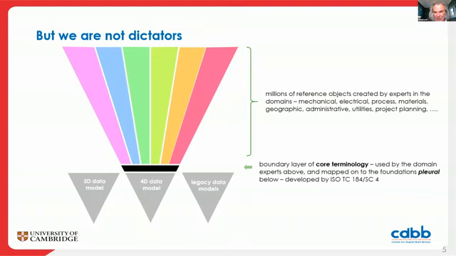And then above this, we are encouraging people to use the terminology of the boundary layer, so a neutral set of terms. Because, as I said, the problem is that at the bottom, the terms are very specific. There are terms for even simple things, even something as fundamental as a mechanical assembly.